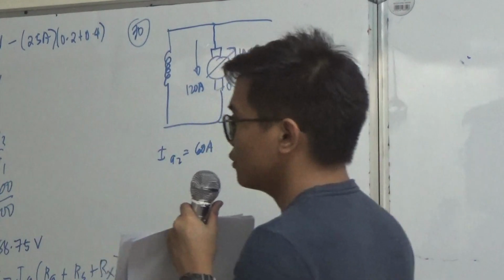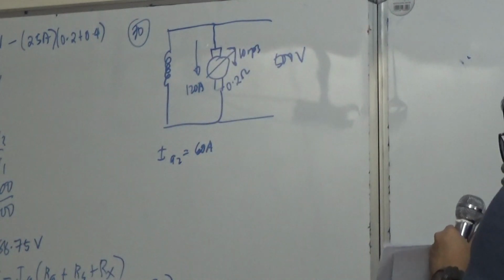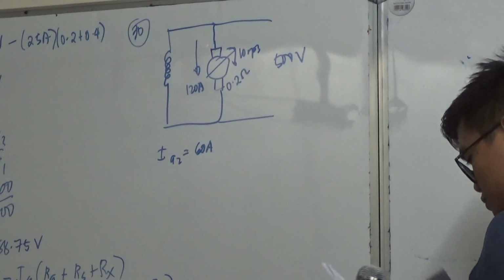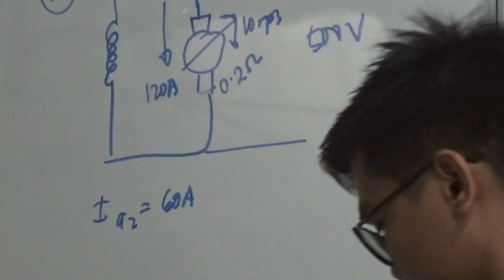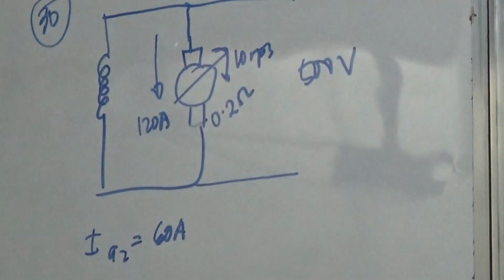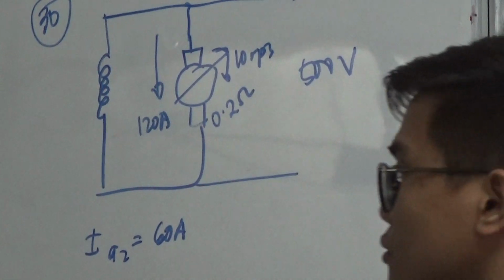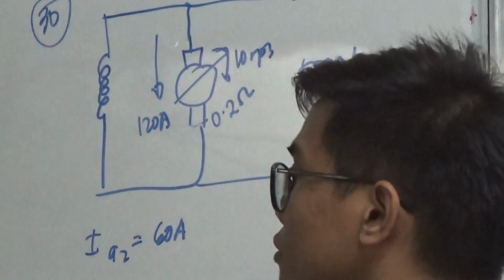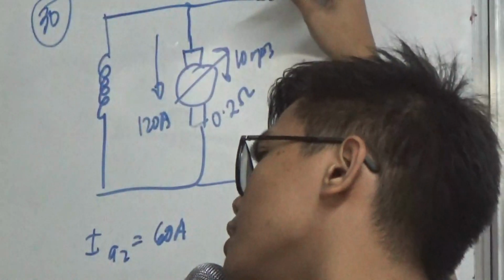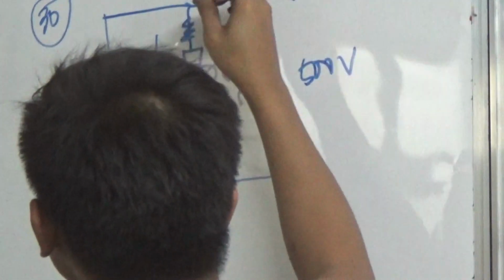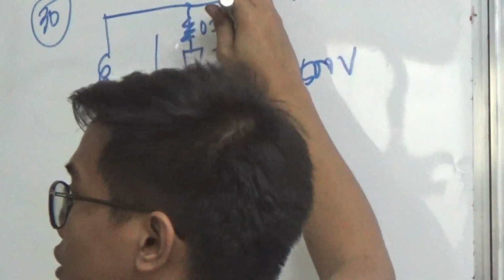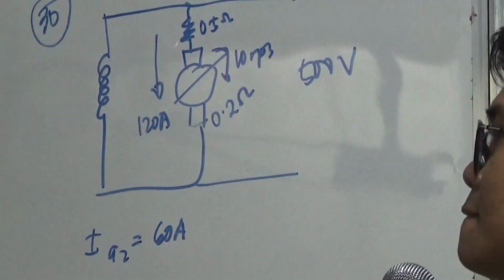And the resistance of 0.5 ohms in series with the armature, kung may naglagay siya ng resistance. Determine daw the speed.